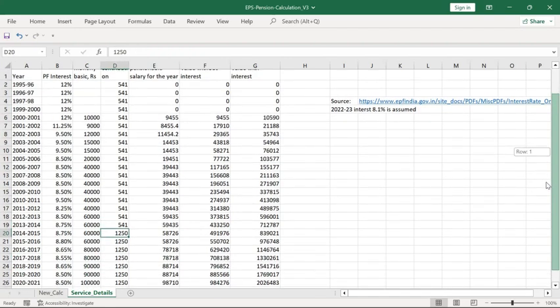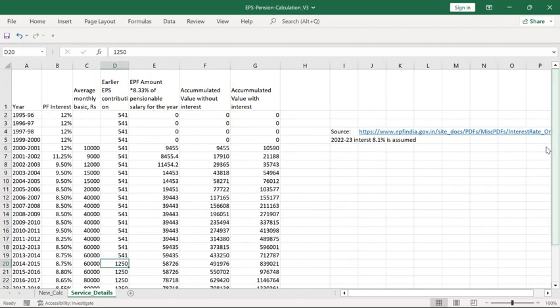Since I'm calculating my basic with my actual one, I have to recalculate my contribution and deduct whatever I contributed to EPS. So that's what I have done here. This EPF amount into 8.33% of pensionable salary for the year. That is why I'm multiplying it with 12, because this is a monthly salary.